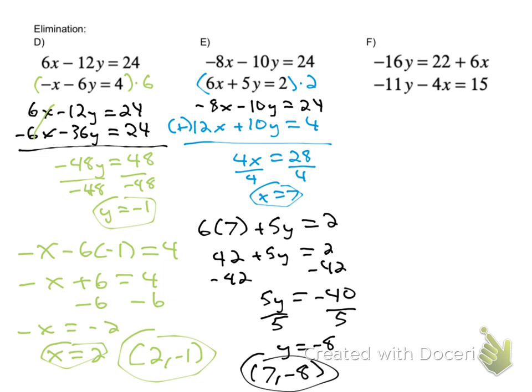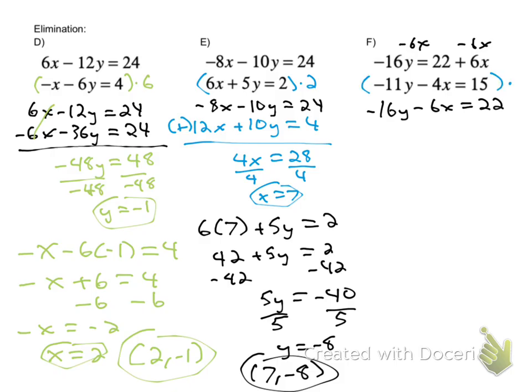All right, F right here. I'm going to rearrange this. So I got to subtract 6x. And then I'm going to move that down. So that will be -16y minus 6x equals 22. Okay, so least common multiple there between the two is, I'm going to do x and make them 12.